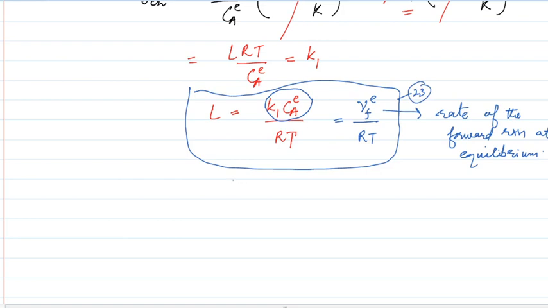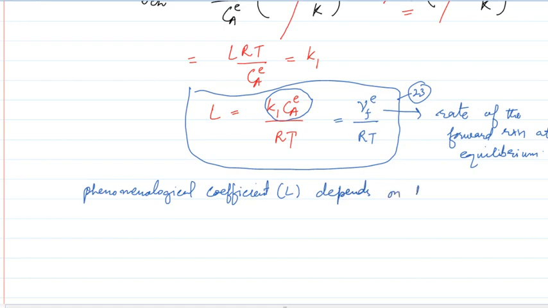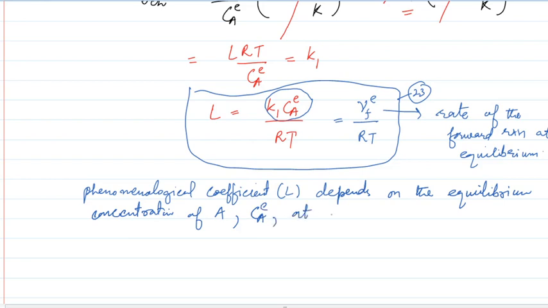It basically shows that the phenomenological coefficient, that means this L, depends simply on the equilibrium concentration of A. Here you will see it depends upon CAE, that means the equilibrium concentration of A, but at a given temperature.